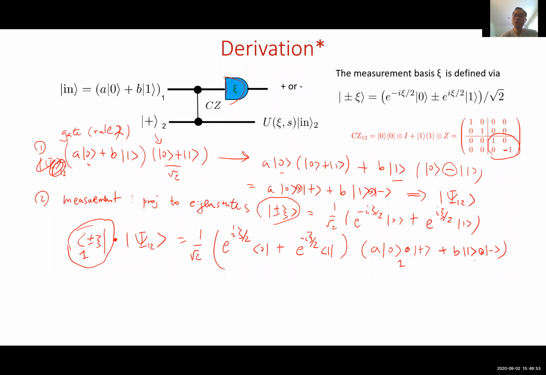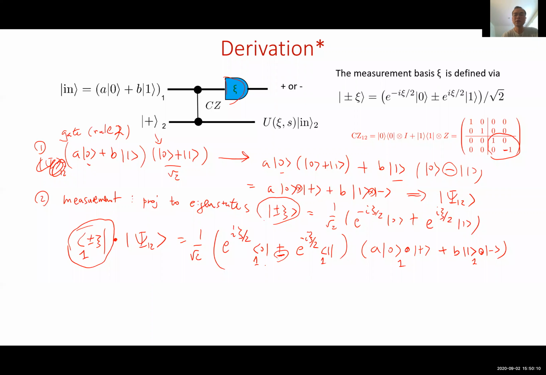Okay, I label 1 because this is only applying to, there is a minus sign if the lower one comes in. So the minus sign, I just want to take both cases into account.